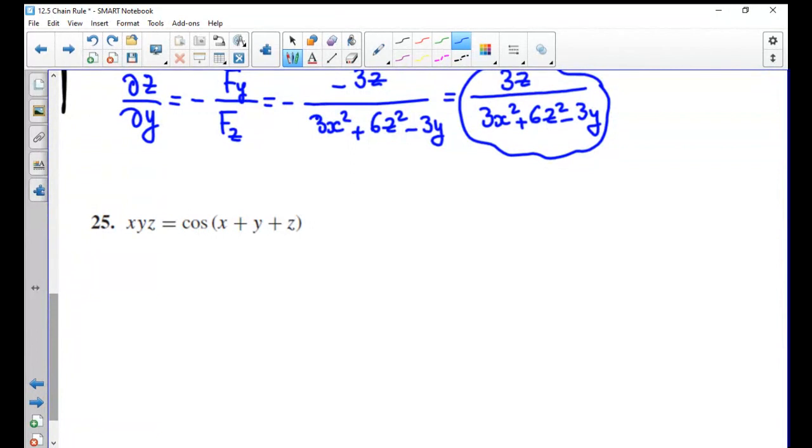In 25, again, I want to find dz over dx and also dz over dy. What are they? What's the first thing we need to do here?